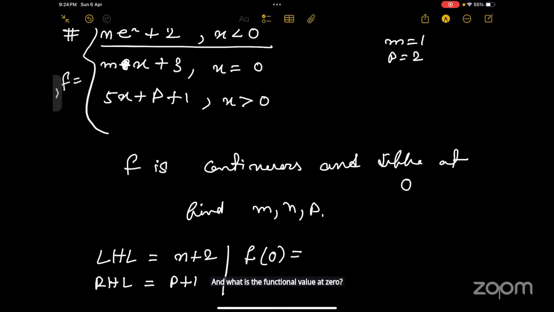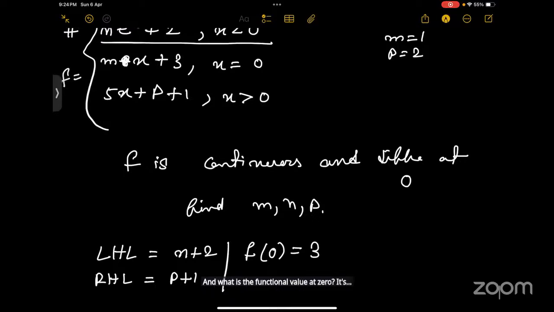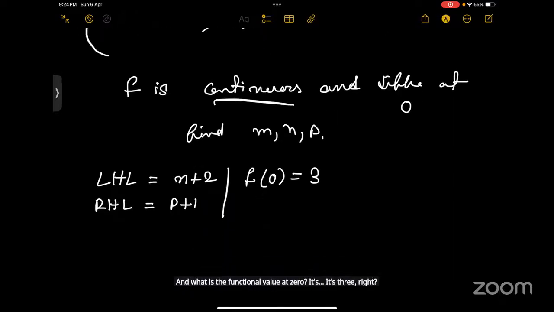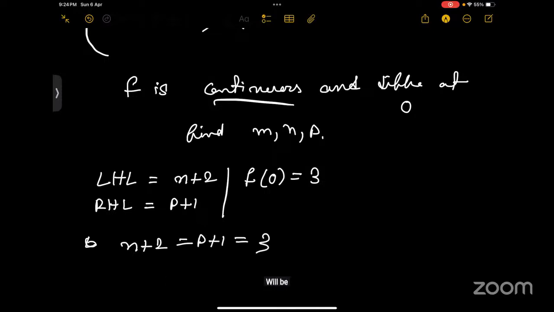It's 3, right? Now continuous means this n plus 2 will be equal to p plus 1, equal to 3, right? That means our n is equal to 1, p is equal to 2, right?